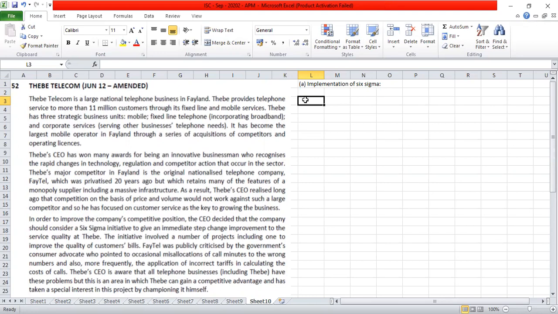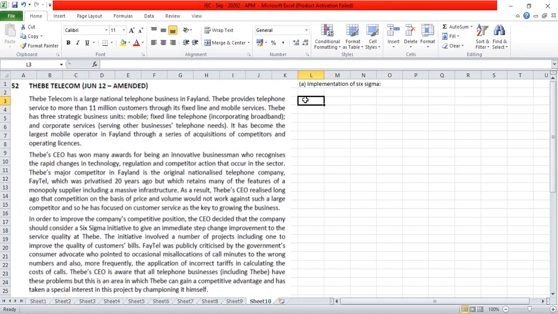Thebe's CEO has won many awards for being an innovative businessman who recognizes the rapid change in technology, regulation, and competitor action that occur in the sector. Then Thebe's major competitor in Fayland is the original nationalized telephone company, Fatal. This was privatized 20 years ago.